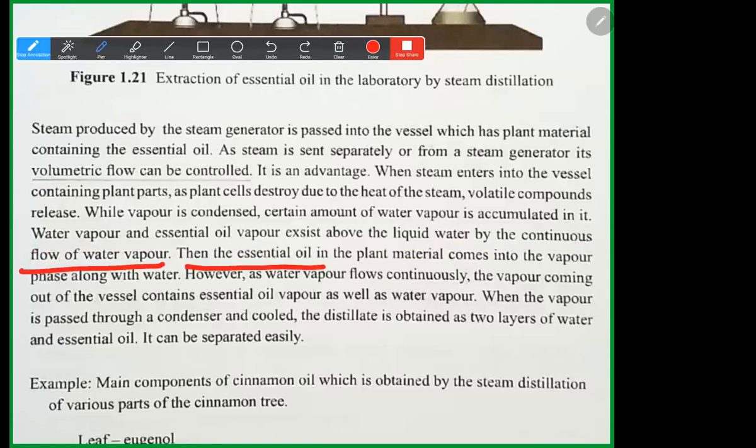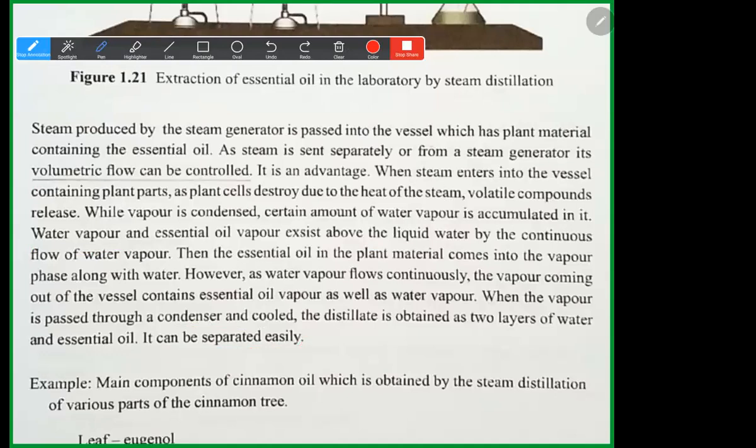When the essential oil in the plant material comes into the vapor phase along with water, the vapor coming out of the vessel contains essential oil vapor as well as water vapor. When the vapor is passed through a condenser and cooled, the distillate is obtained with two layers of water plus essential oil, so we can separate them easily.